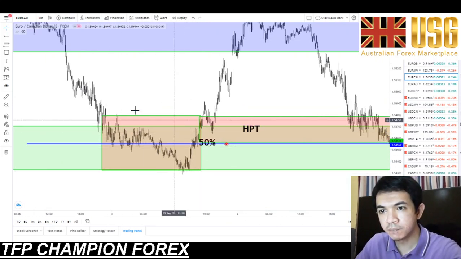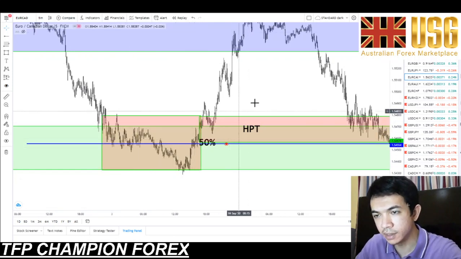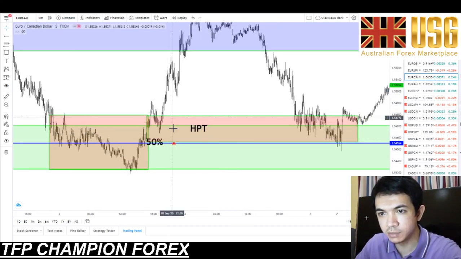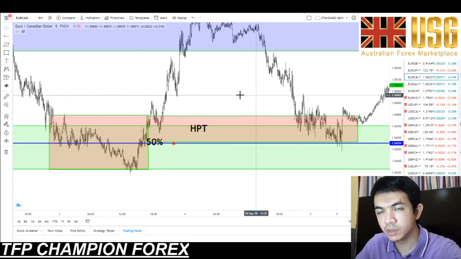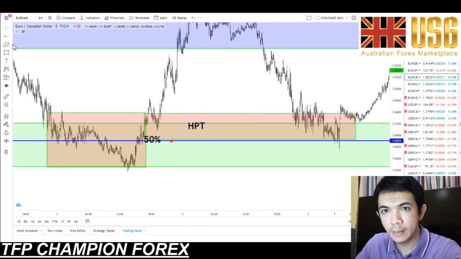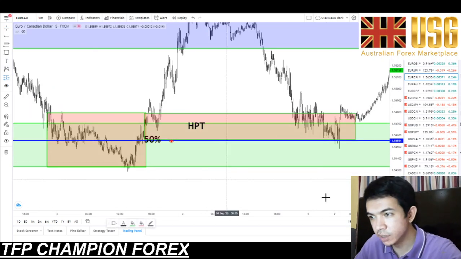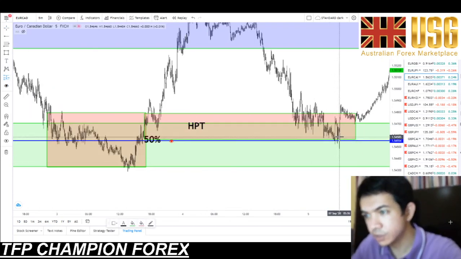Then after that, I look for a box or a consolidation and I wait for that break. Once the price broke this box, definitely I will eye the 50% of that box to place an entry. So basically, I will place an entry at the 50% level, considering there is a buying pressure candle.